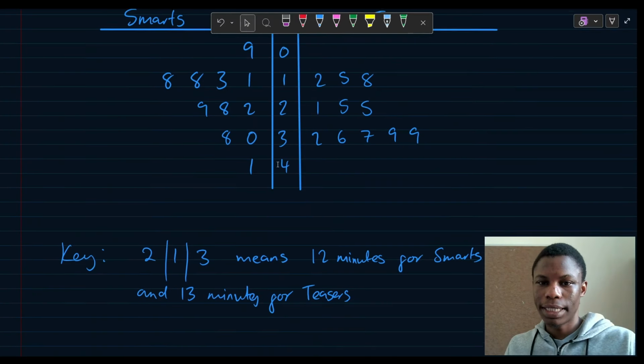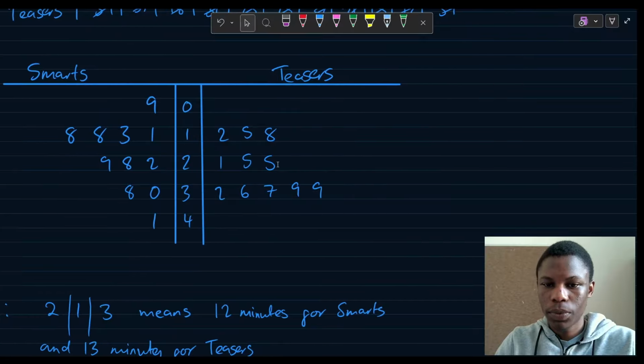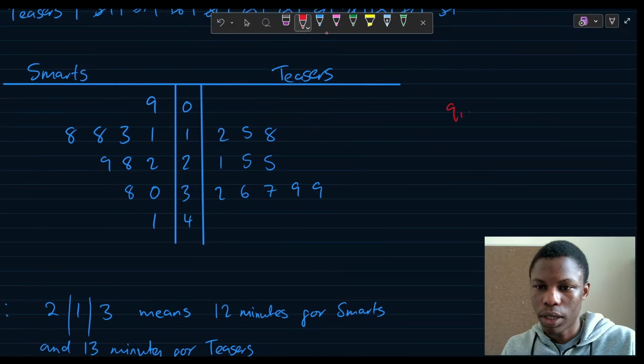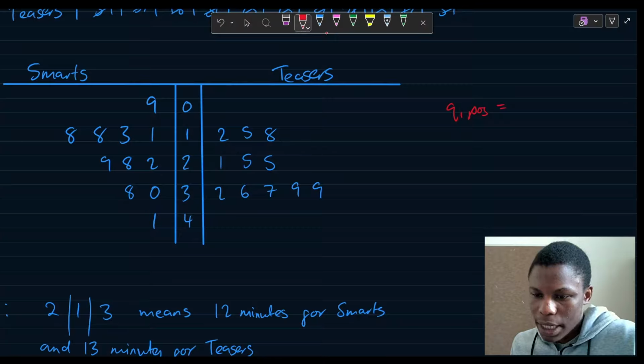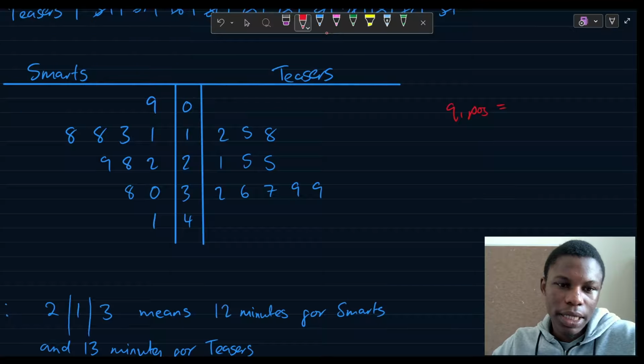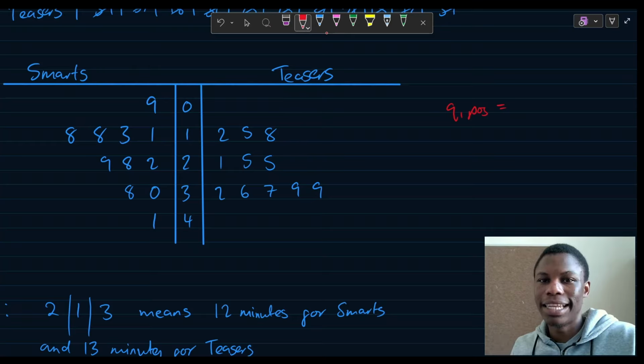Q1 is the lower quartile. First, we need to figure out the position of our lower quartile. How many members does Team Smarts have? 11 members. So to get our lower quartile, it's a quarter of n plus 1.